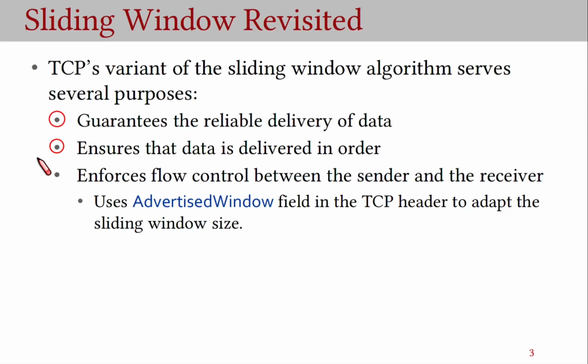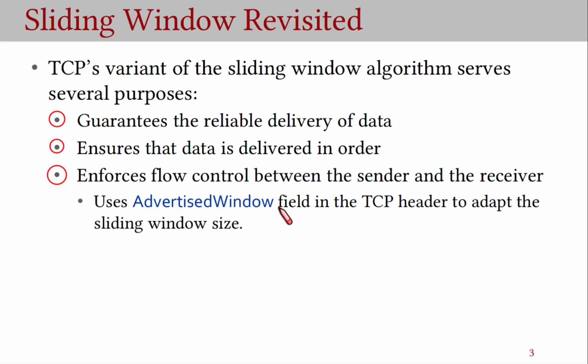In addition to these two, TCP's sliding window also enforces flow control. Last time when we were discussing sliding window, we had a fixed sliding window. In the case of TCP, it adapts the size of the sliding window, and to do that, it uses the advertised window field that is present in the TCP header.